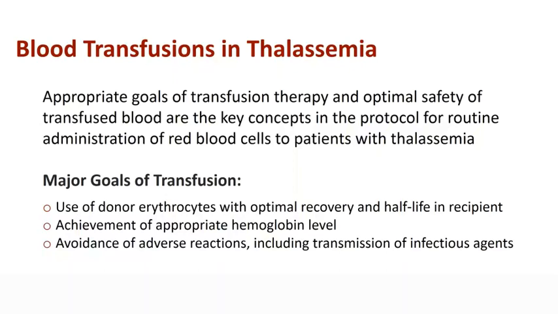Number two, the achievement of an appropriate hemoglobin level that you have decided on. And most importantly, the avoidance of adverse reactions, including transfusion-related complications such as infectious agents, as well as hemolytic and allergic reactions.